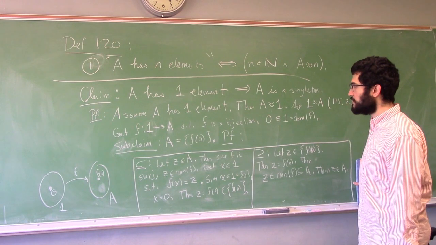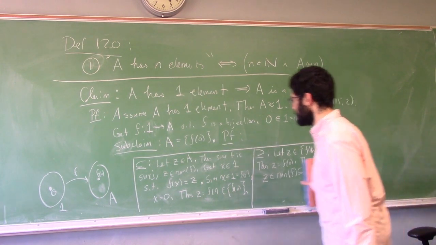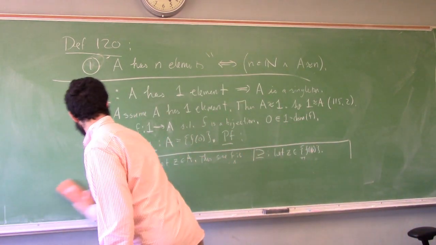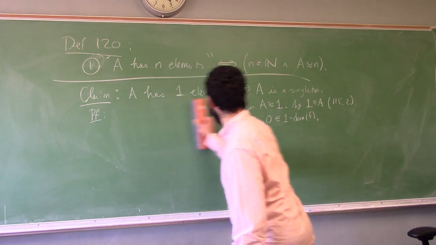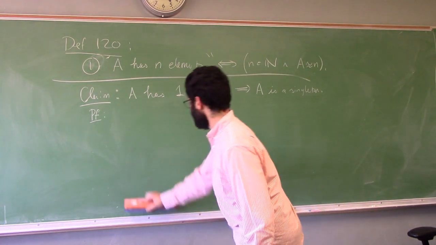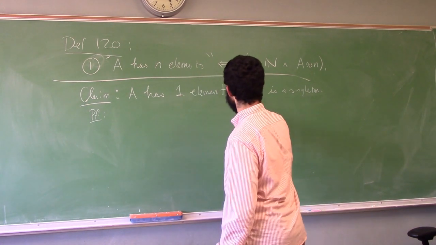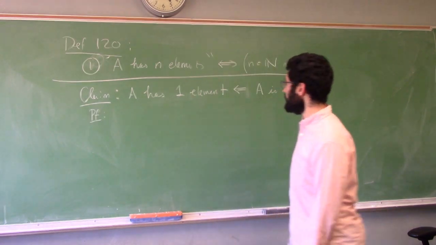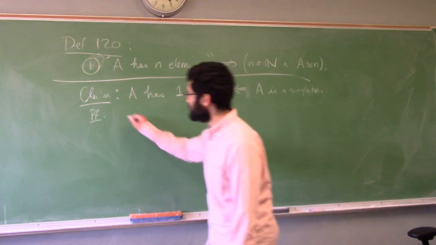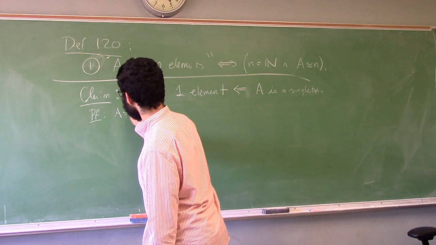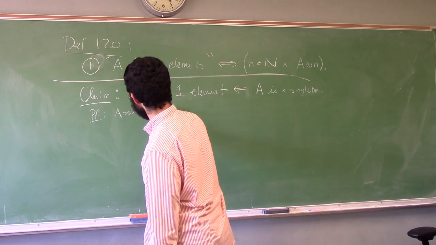Now, let's try to prove the converse, so it becomes an if and only if. So let's prove this way: if A is a singleton, then A has one element. So assume A is a singleton.